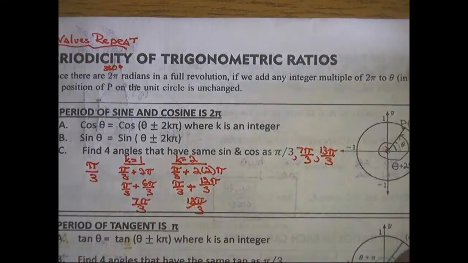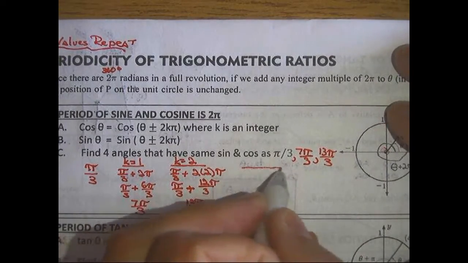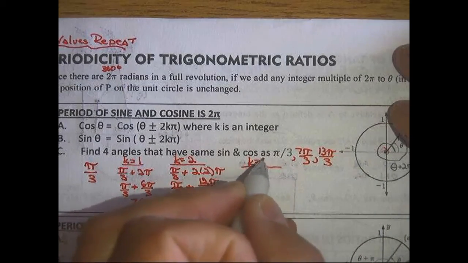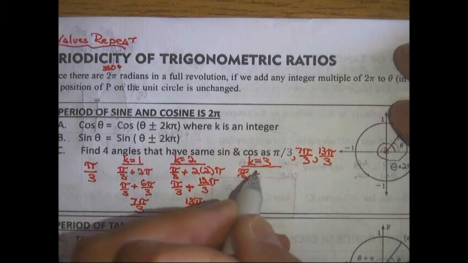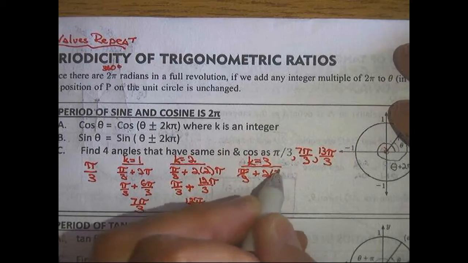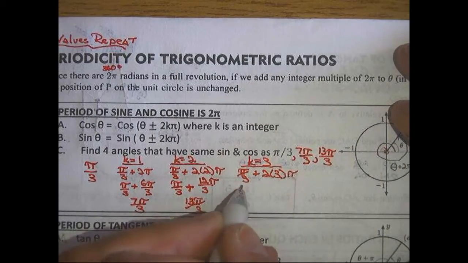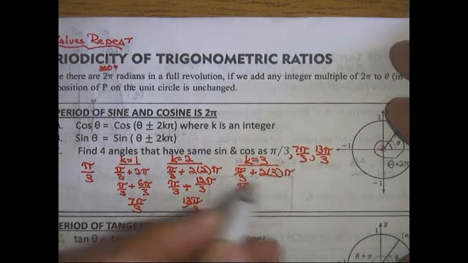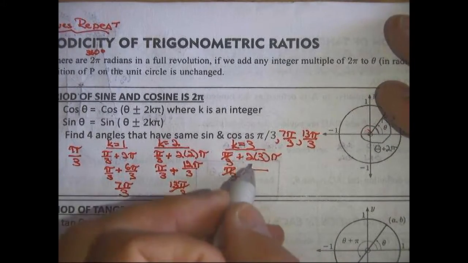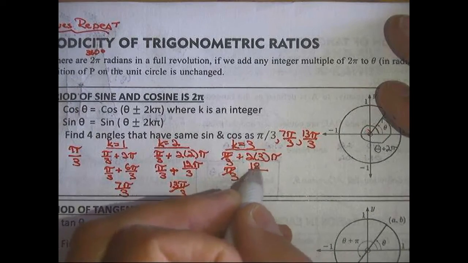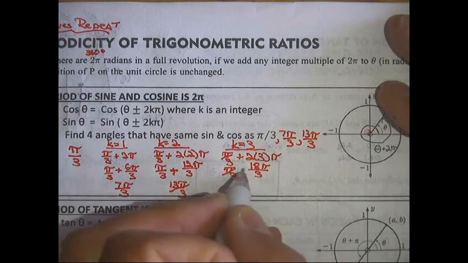And so on. Okay, let k equal 3 now. So pi over 3 plus 2 times 3 times pi. So this is 6 pi. So in terms of writing it with a 3, it would be 18 pi over 3.